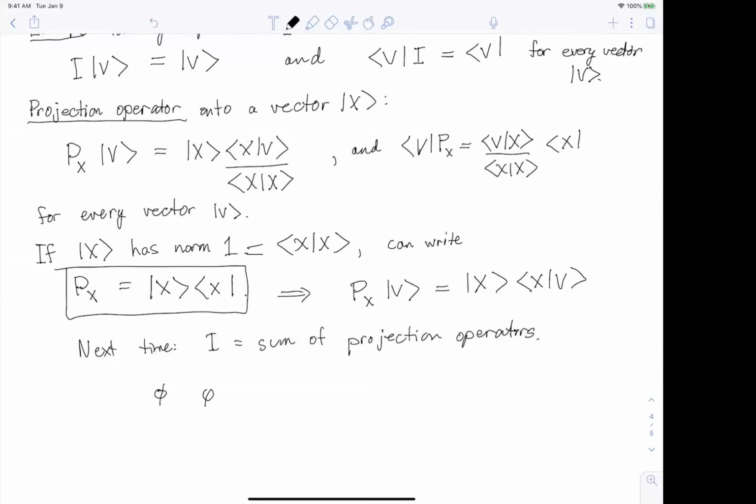To me, they're the same thing. That's probably sloppy on my part, but I just call them both phi. And then capital Phi looks like this. Okay? All right. Other questions?